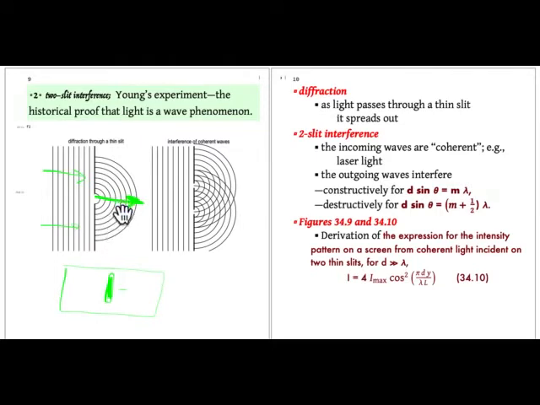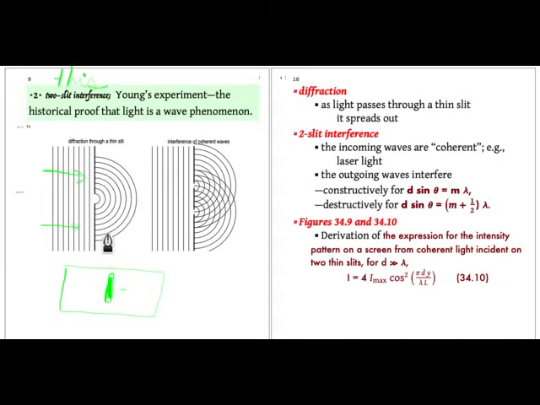But that's not true. Not if the slit is narrow, a thin slit. So I really should say thin slits. If the width of the slit is small, not much larger than a wavelength, then when the waves pass through the slit, they spread out.